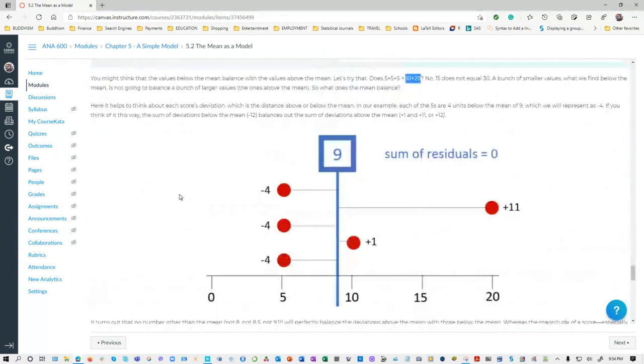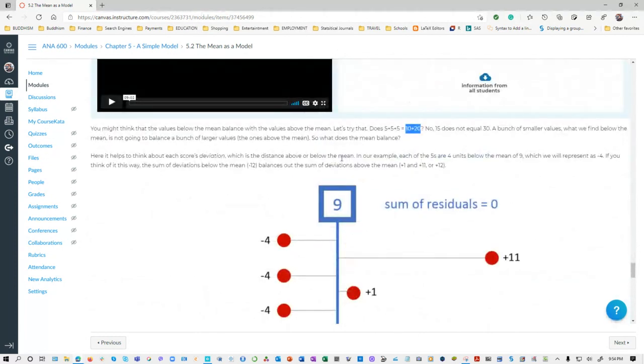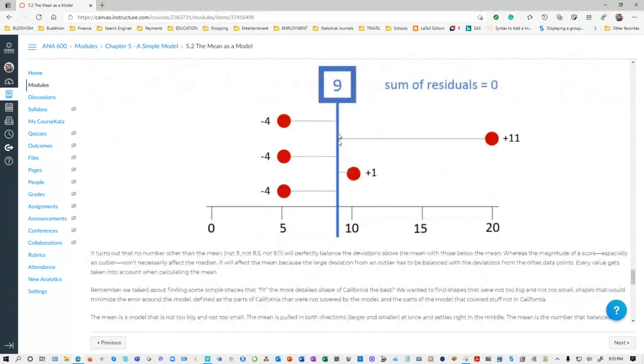So what would the mean balance? Here it helps to think about each score's deviation, which is the distance above or below the mean. Look, you have 9 here. This is the first point, second one, third one. There's another one at 10, and another at 11.